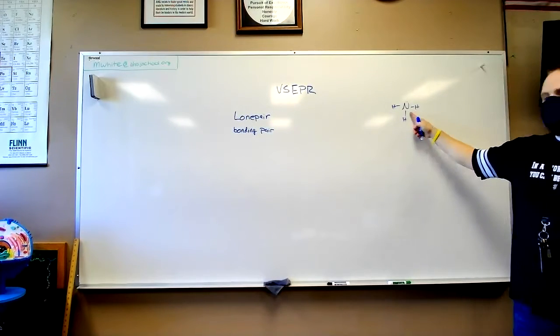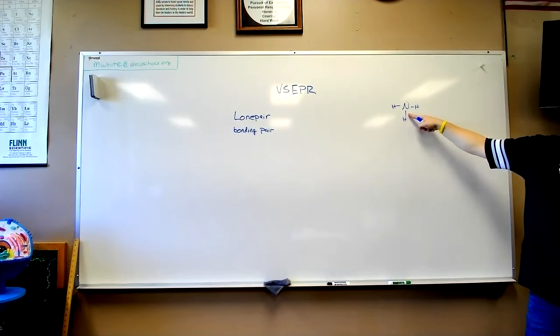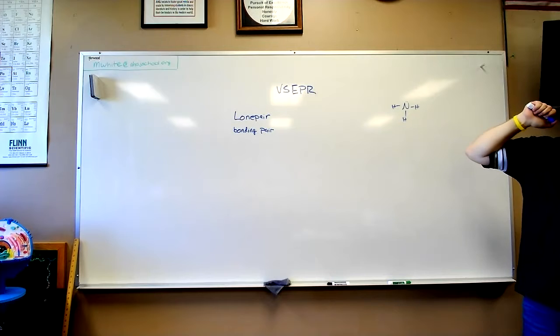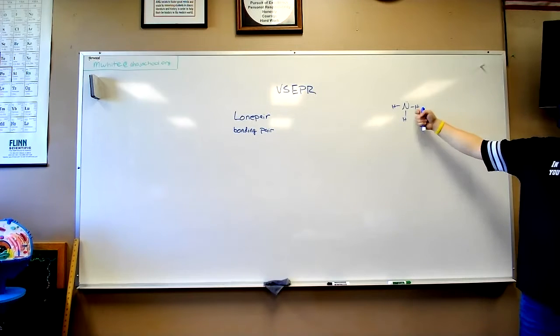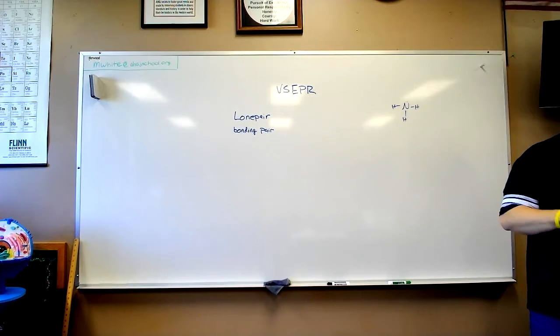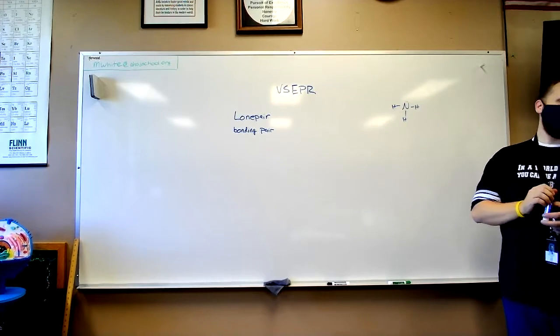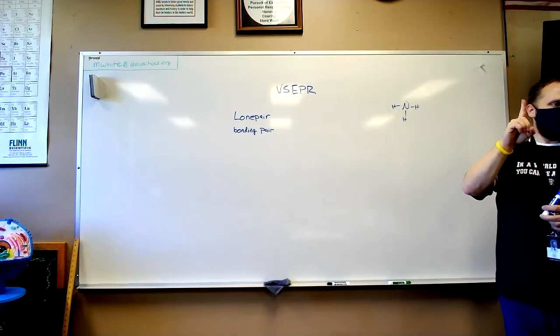So, question: how many bonding pairs of electrons do we have in this molecule? Well, how many bonds are there? 1, 2, 3. So we have 3 bonding pairs. How many lone pairs do we have? 1.